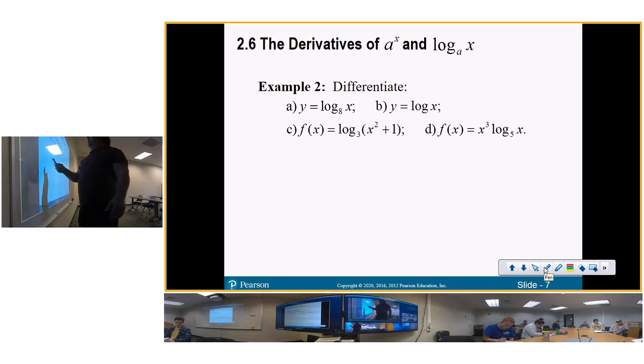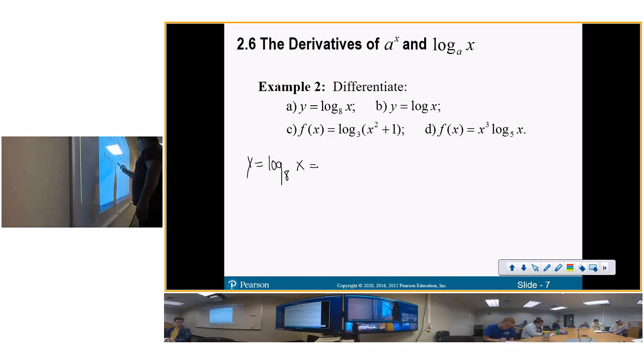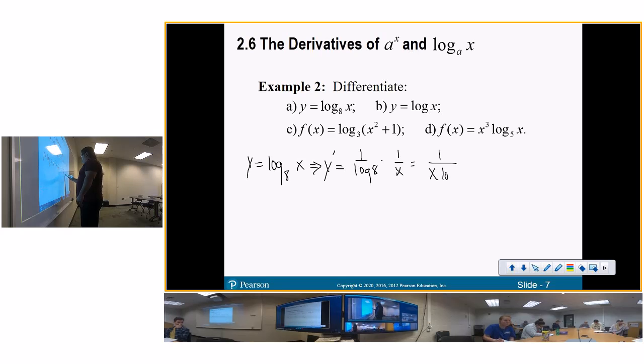The first one is y equals log base 8 of x, and the derivative, y prime, is equal to 1 over the natural log of 8 times 1 over x, which is equal to 1 over x times the log of 8.